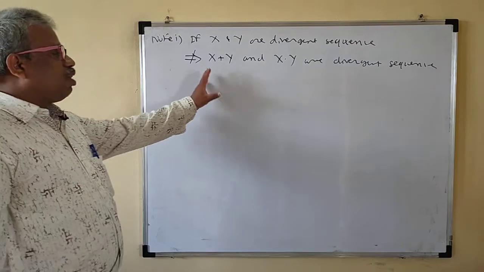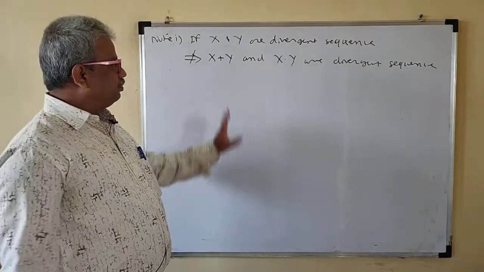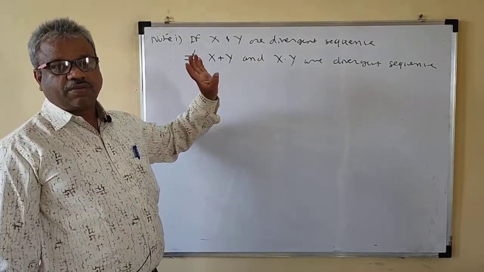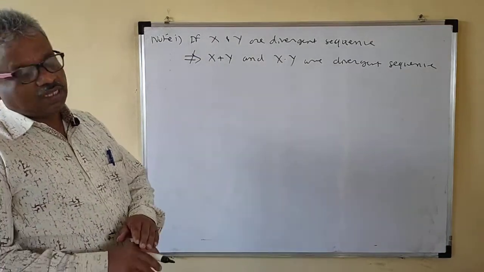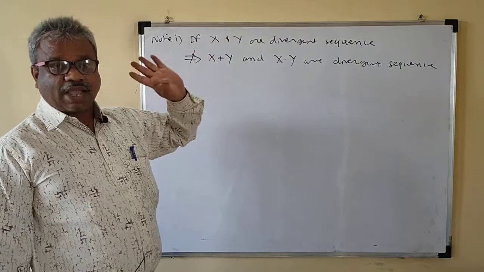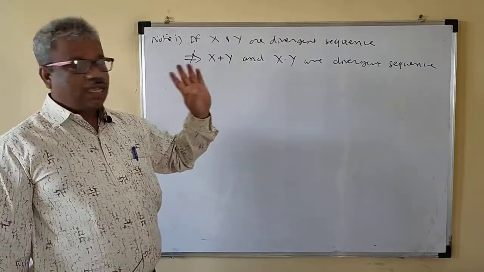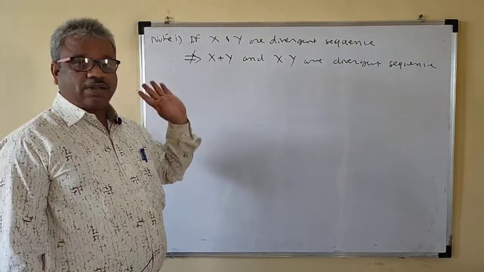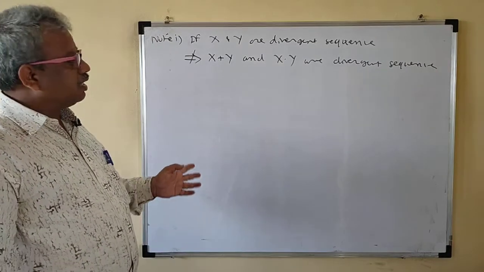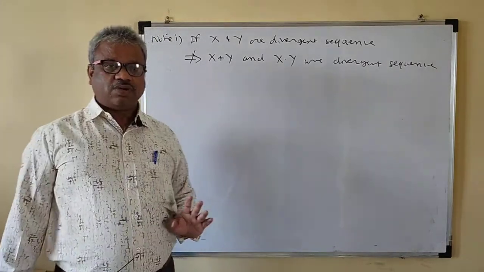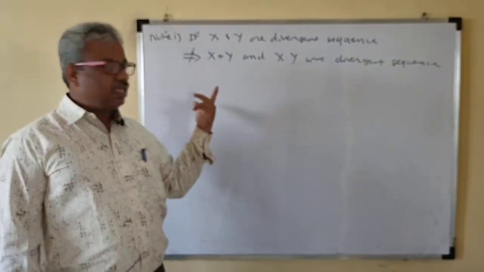We know that the sum of two convergent sequences is convergent, and the product of two convergent sequences is convergent. But if x and y are divergent, this does not imply that x plus y is divergent, or that x into y is divergent. There may be two sequences that are divergent, but their sum is convergent, as we have seen in this example.